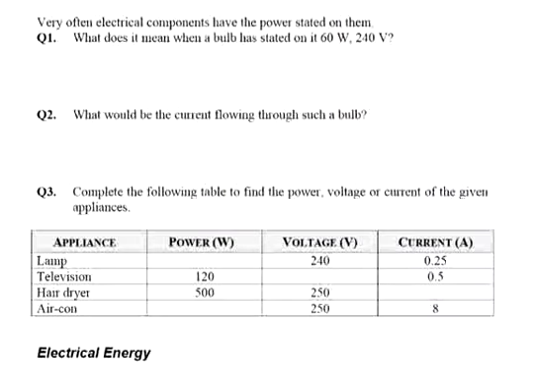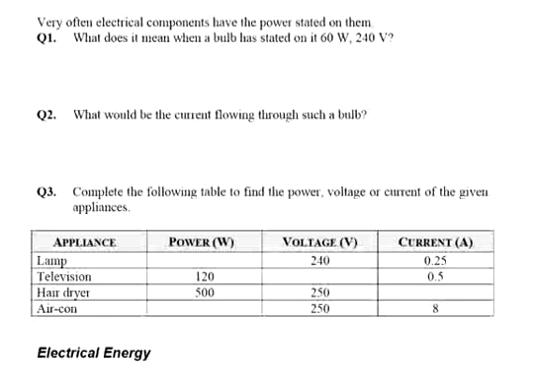So here are some examples. Very often electrical components have the power stated on them. Okay, what does it mean if a bulb has stated 60 watt, 240 volt? Now class, why is the voltage always 240 volt?